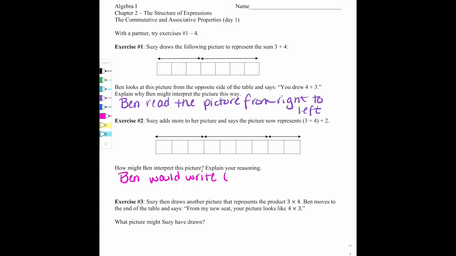He would write 2 plus 4, because he's seeing it in the opposite direction, and then plus 3. Again, we'll restate that he is seeing it from right to left.